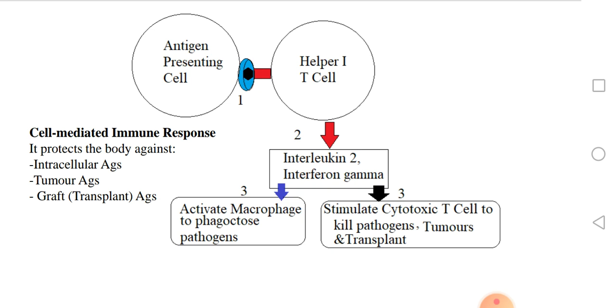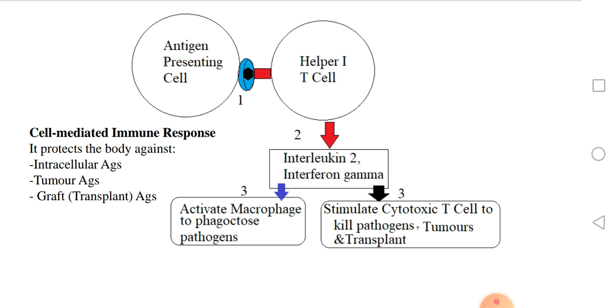So to start with, look at number 1. The antigen of these substances will be presented by the antigen presenting cells, and the fragments are displayed or put in the MHC class 1 here. Look at the blue area in the antigen presenting cell.